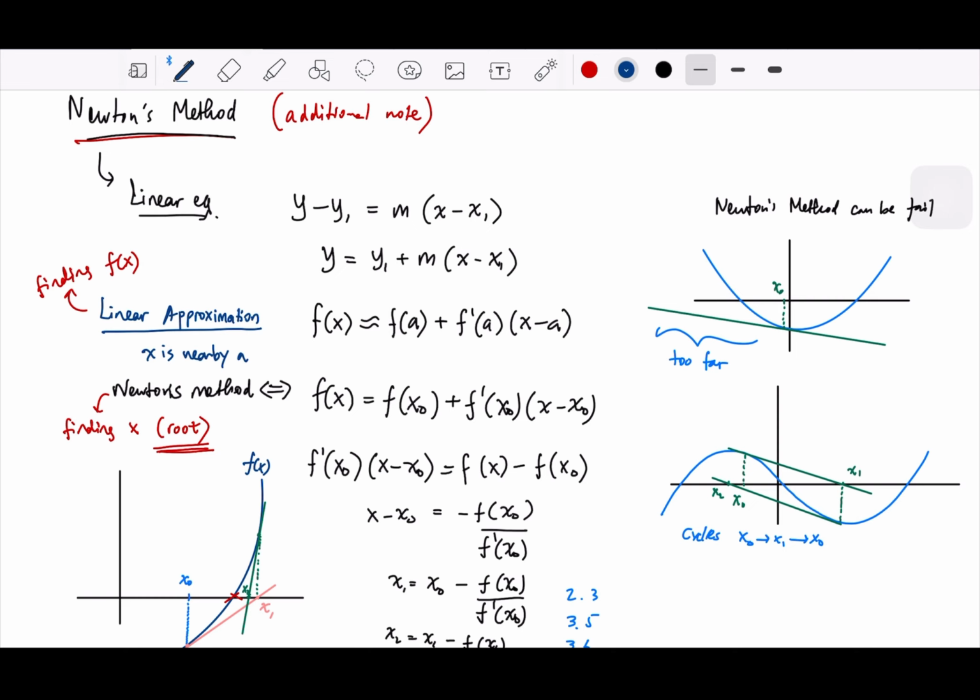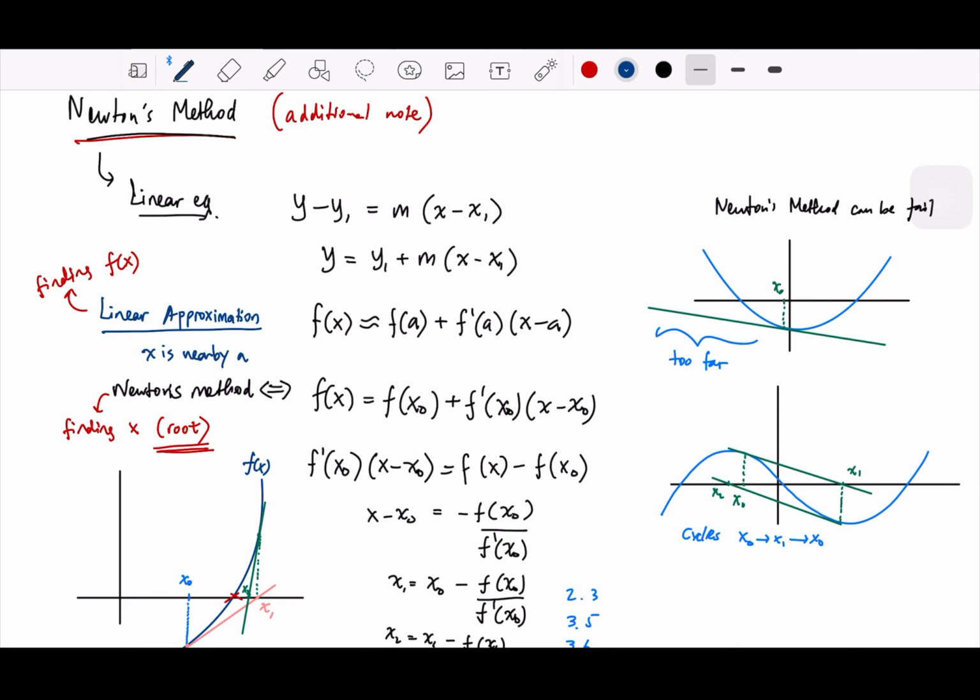First, linear approximation is where we want to approximate the function with some number a that is nearby, and we can make it into a tangent. When we have a curve and we have the tangent line here, when we just zoom in around this area, the curve and its tangent look the same, right?